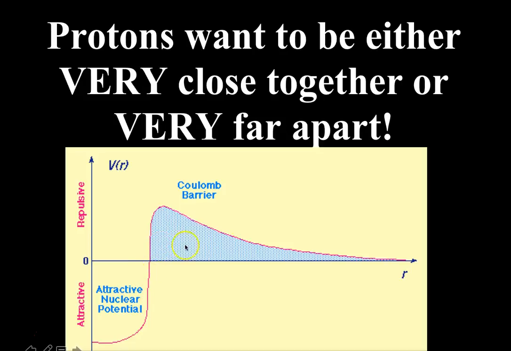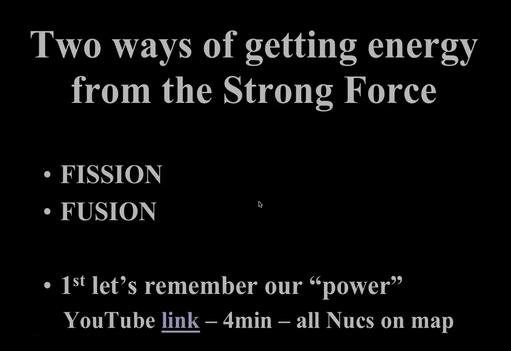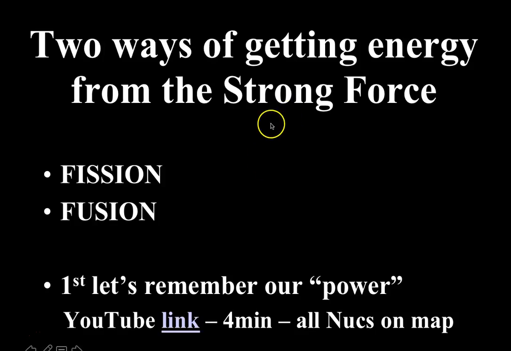So basically what ends up happening is if a proton approaches a nucleus, then it's going to be repelled unless it has enough energy to overcome this barrier, and then it's going to be suddenly attractive. Okay, so in order for that to happen, you have to have lots and lots of energy. So there are essentially two ways of getting energy from the strong force. As you know, there's fission and fusion.